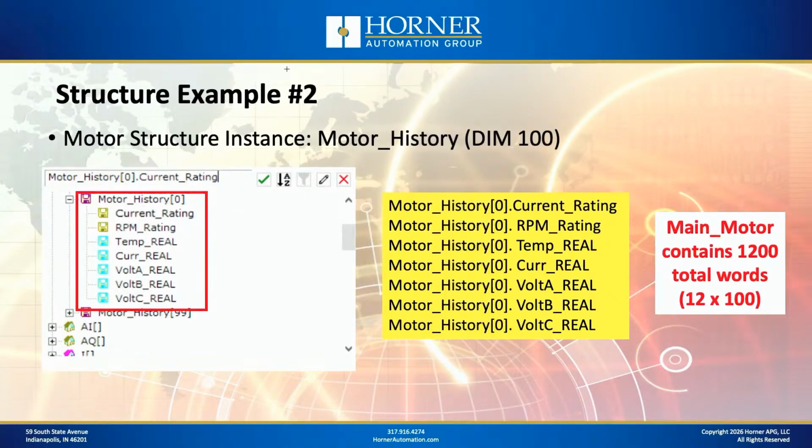Now let's take a look at another one of the variables I created that uses the motor structure, and that is the one that was an array of structures, and that is the motor history variable. So you can see there on the left, there's the motor history variable and all the sub variables beneath it, right?